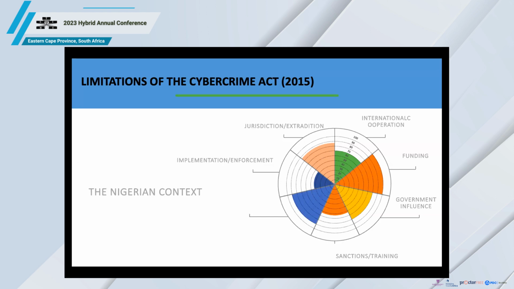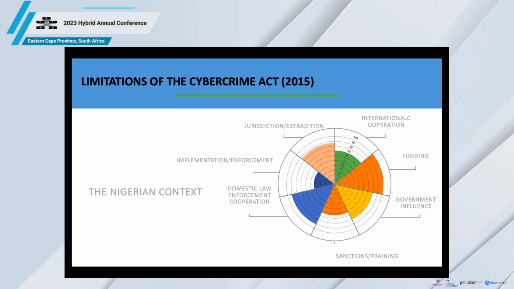Now, basically, sanctions affect not only the laws of Nigeria, but its economic policies and abilities to communicate with other regions and other partners, not only in terms of the economic aspects, but in terms of data sharing and intelligence sharing. So this actually indirectly affects the usage of the Cybercrime Act.